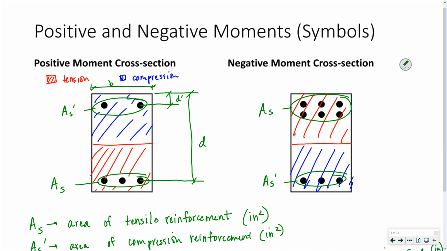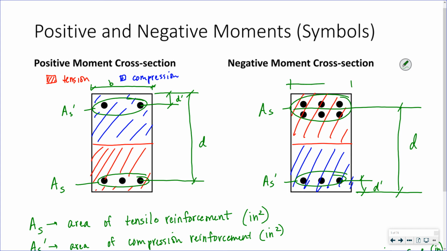If I'm going from the extreme compression fiber to the centroid of my compressive steel, I got a D prime. And then the centroid goes through the group of 6. That's the distance from the extreme compression fiber to the centroid of my tensile steel.